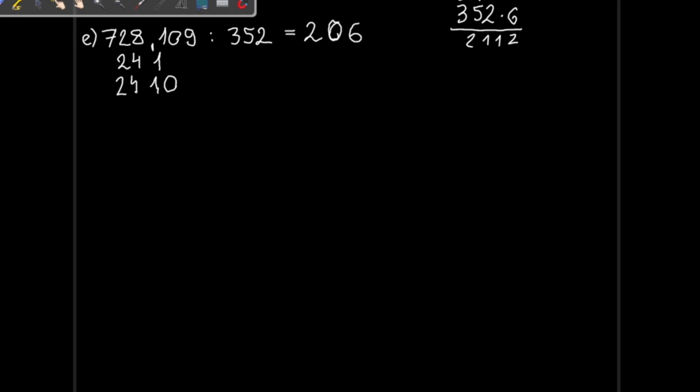The remaining part is 2410 minus 2112. We get 8, 9, 2. So 298, which is smaller than 352. Now let's move the next number down.